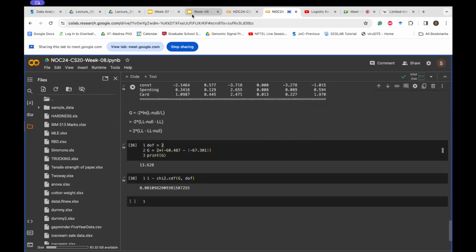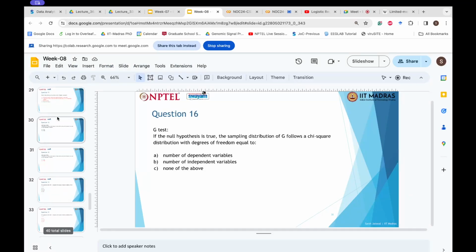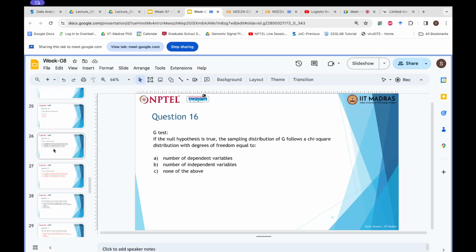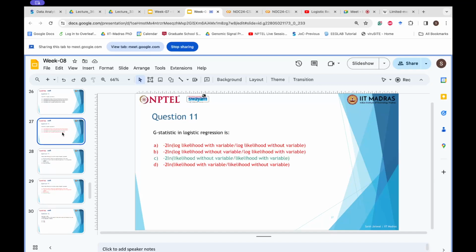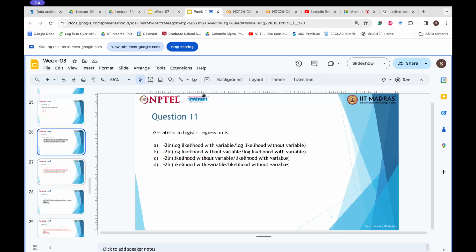Okay. So coming to these questions, I had a few questions on the G statistic. The G statistic in logistic regression is negative 2 times ln of the ratio of likelihood without variable and likelihood with variable.